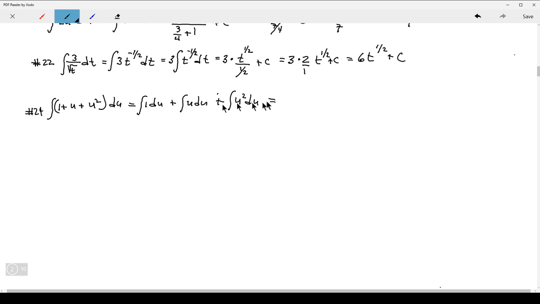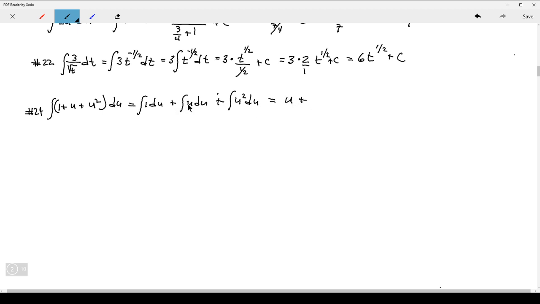Now I just do each one of these individually using the power rule or the rule for constants. The rule for constants is I get the variable back times the constant. So the antiderivative of 1 du is going to be u.